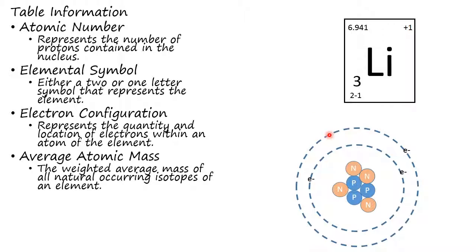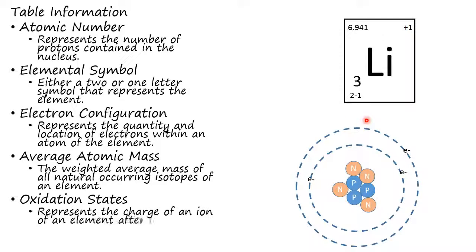So the atom below this box that would be placed on the periodic table is the most abundant isotope of lithium. It has 4 neutrons and 3 protons for a mass number of 7, and it has 2 electrons in the first energy level and 1 electron in the second energy level. So this would be the most abundant isotope of lithium.